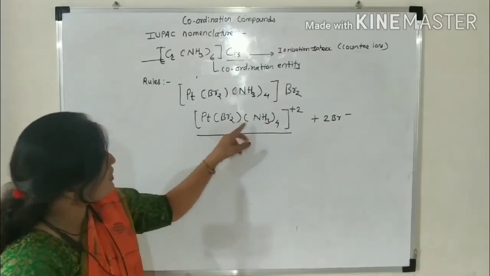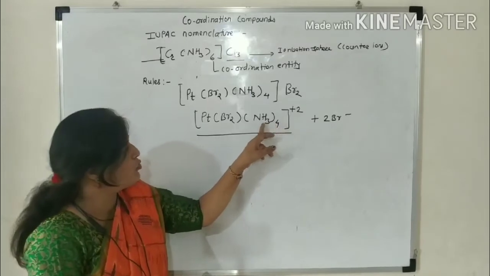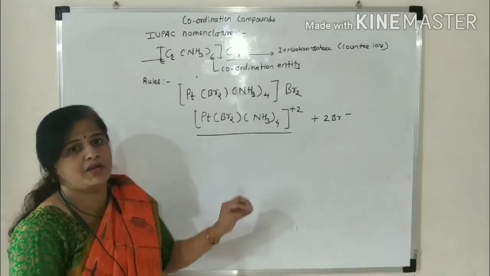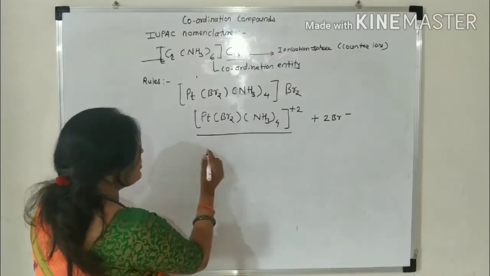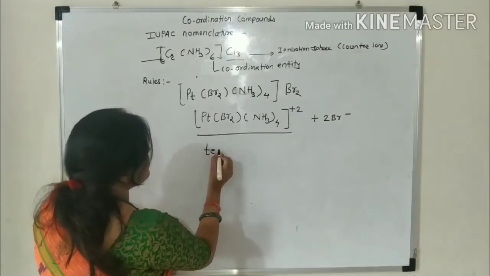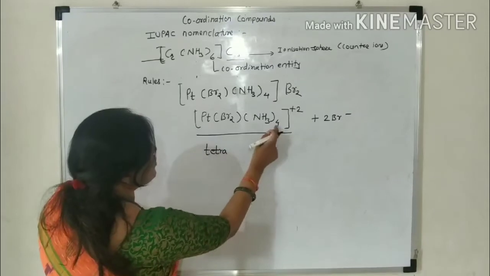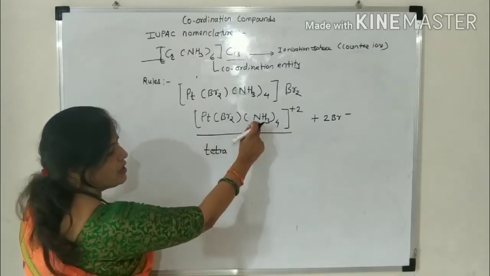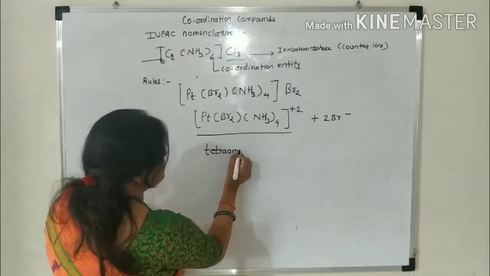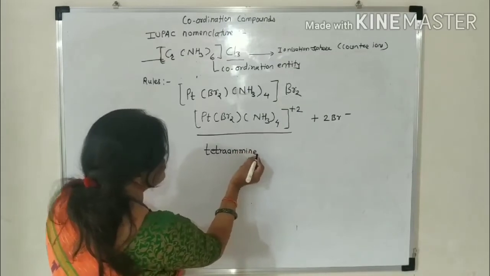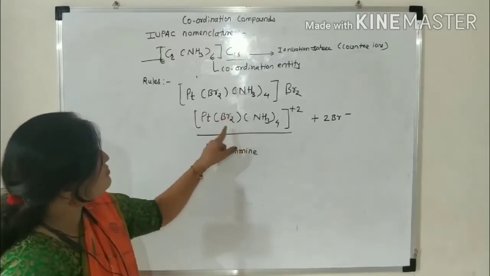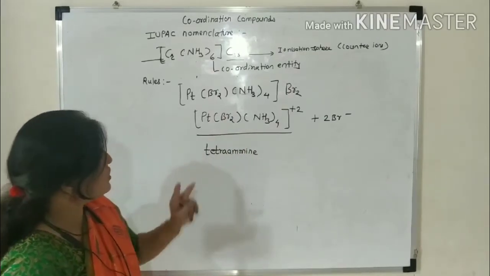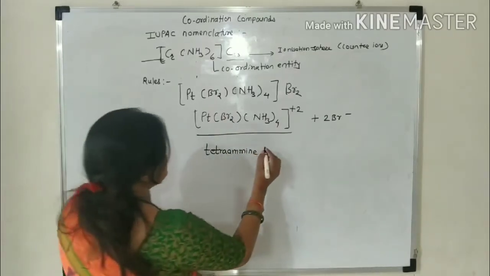One is bromide, another one is ammonia. That you should write as amine. That amine how many times is present? 4 times. Therefore here tetra, 4 times, which is ammonia. That is written as amine, A-double-M-I-N. Tetraamine. Bromide is present how many times? 2 times. Therefore write it as dibromo.